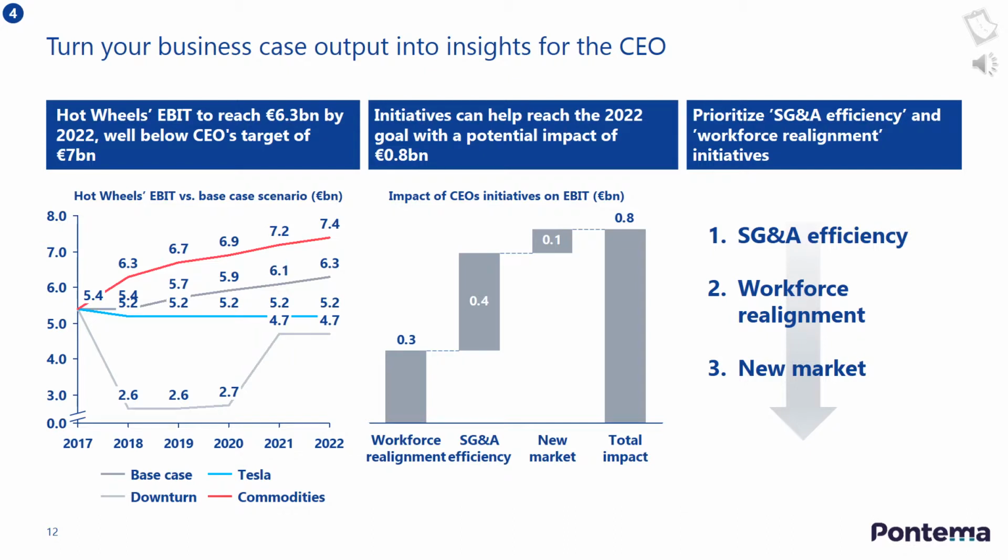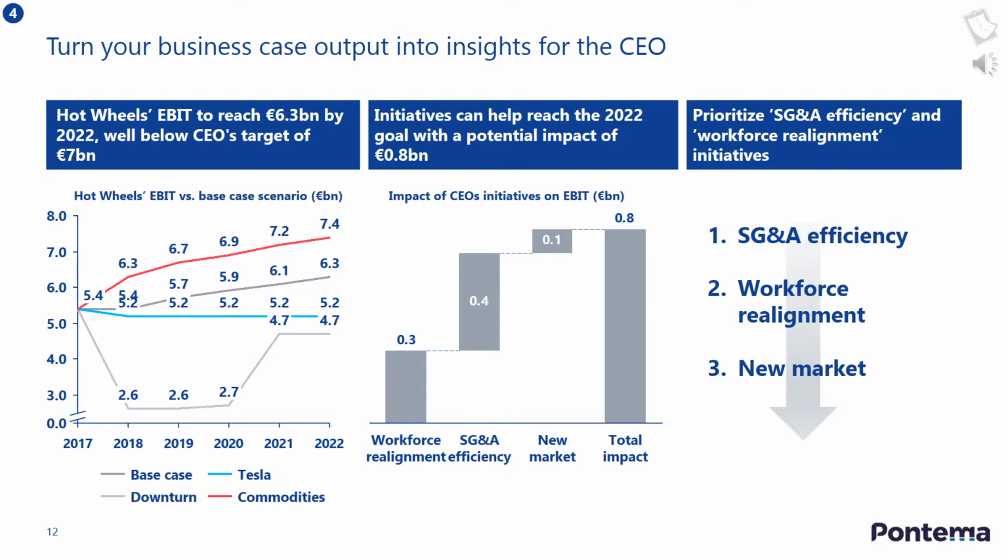If all 3 initiatives are launched and turn out to be successful, Hot Wheels can reach its €7 billion EBIT target by 2022. You estimate that plans to reduce marketing expenses by 15% will have a positive EBIT impact of €0.4 billion, and reducing 7% of production staff will have a positive EBIT impact of €0.3 billion.